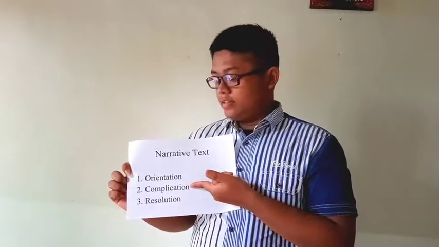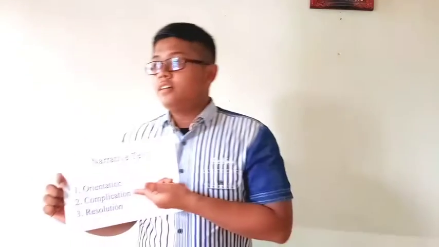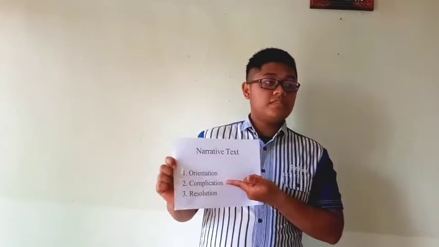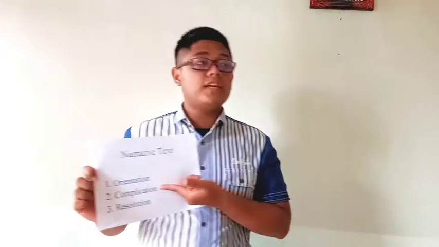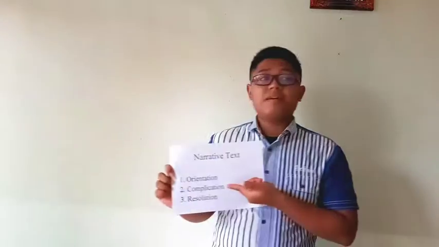Kemudian the second part is complication. In this part, it contains the conflict or the problems of the story. Jadi di sini isinya itu konflik dan masalah. Oke. Di sini isinya masalah tentang ceritanya.